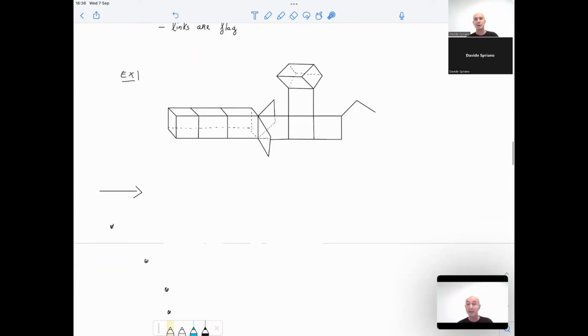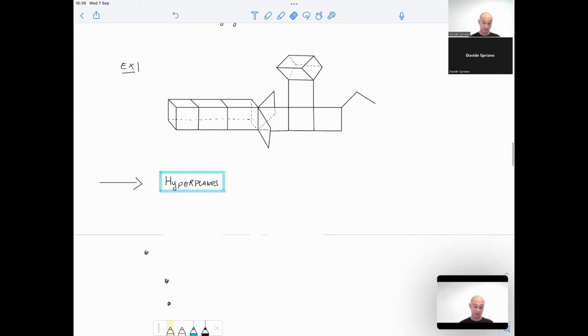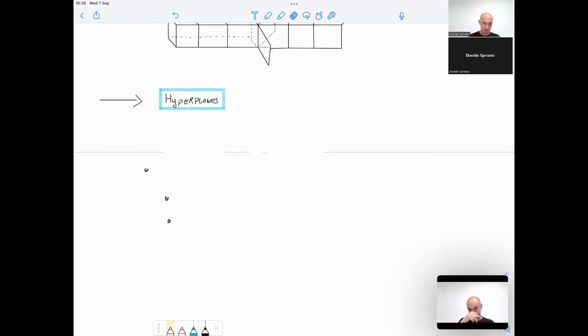And what really makes CAT(0) cube complexes interesting and differentiates them is that they have something called hyperplanes, which provide a rich combinatorial structure that allows a lot of interesting proofs. And what is a hyperplane? Well, intuitively, we first need the notion of a mid-cube.